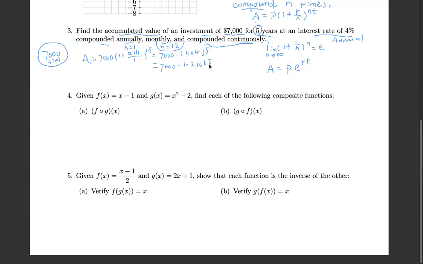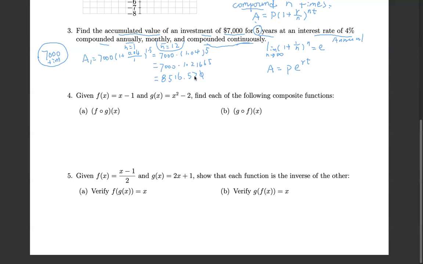But this is enough for me, because talking about money, we only have to leave 2 decimal places. But I leave more because I have to multiply by 7,000. So now I multiply by 7,000, and I get $8,516.57. Because I get a 0 after the 7, I just ignore it.